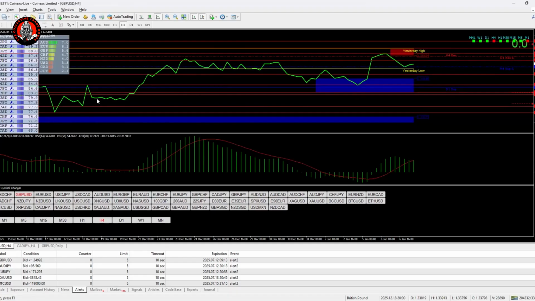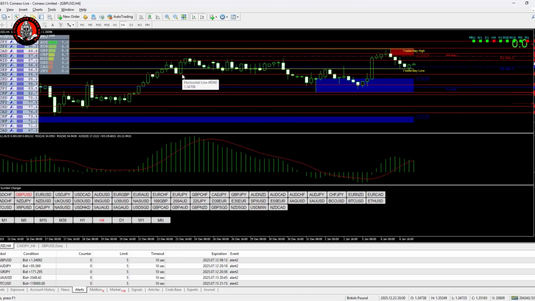Consolidation here, right? Former consolidation here. It's important to know this because when you're deciding where my entry point is going to be and my exit, I don't want to get in the trade too early and I don't want to get in the trade too late or get out of the trade too late.